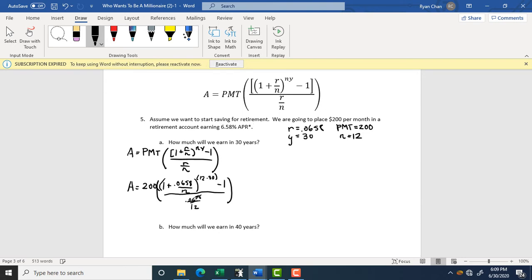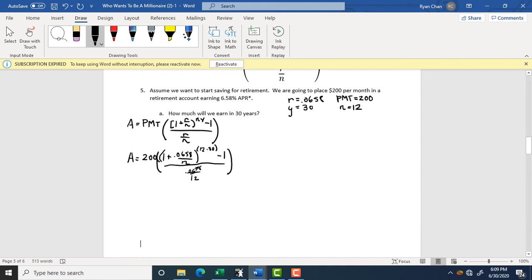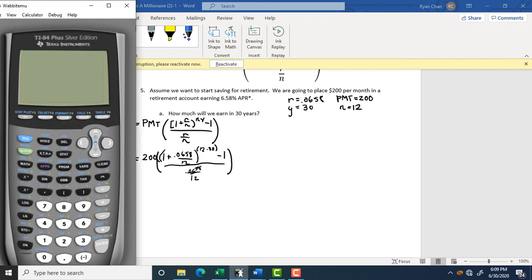Okay. Give myself some space. So I'm going to put this part in my calculator. So I have 0.0658 divided by 12. And then I'll add 1. So this inside here.